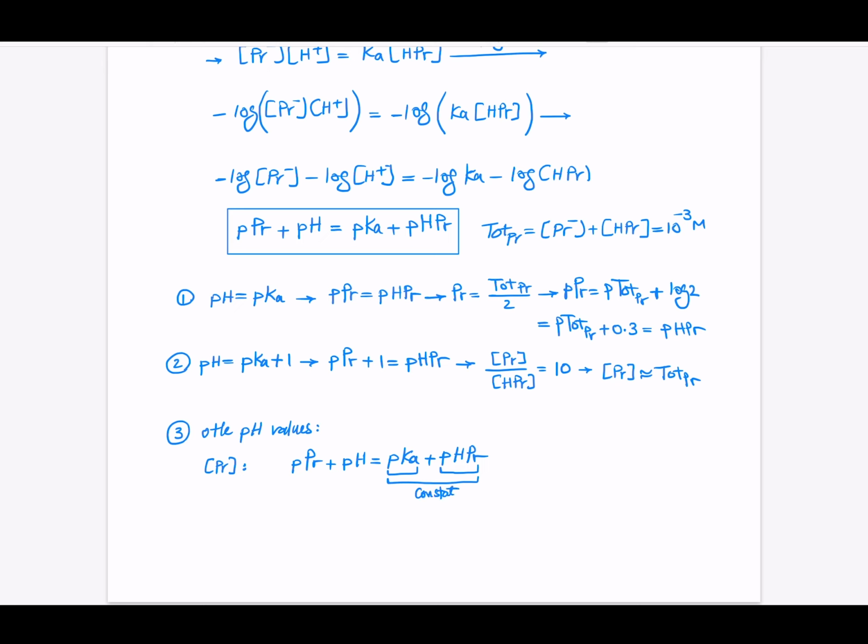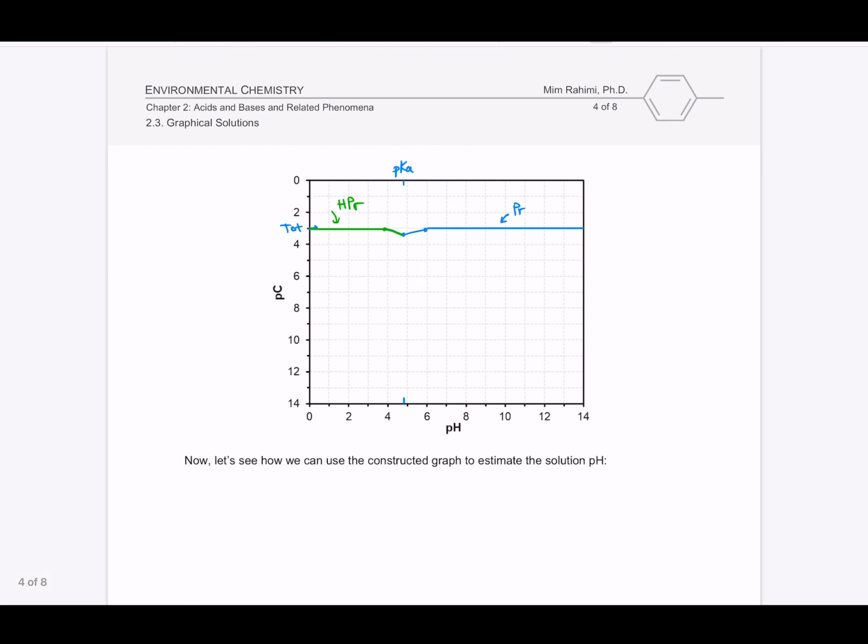So that means we can simplify this by saying pPR is equal to a constant minus pH. What it tells us is that we have a line with a slope of -1. And we already have 1 point of that line at pKa.